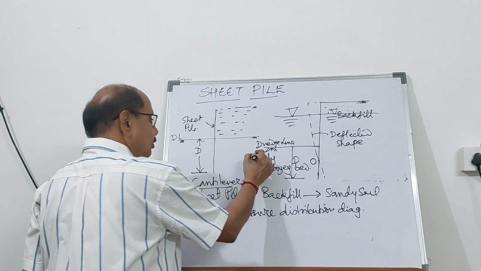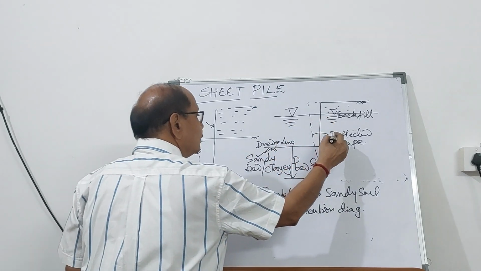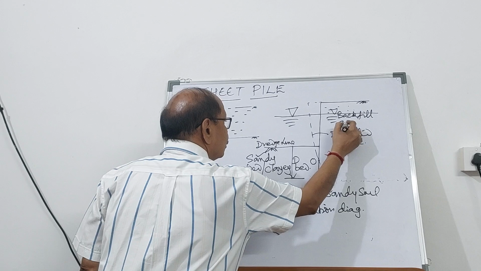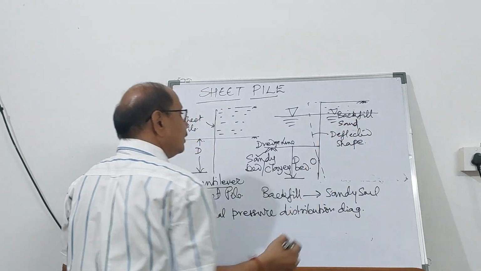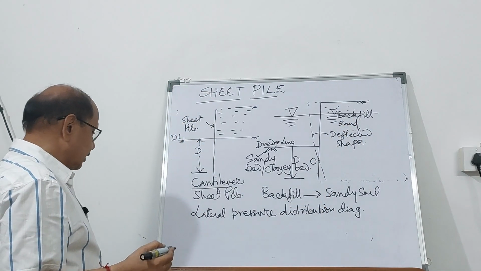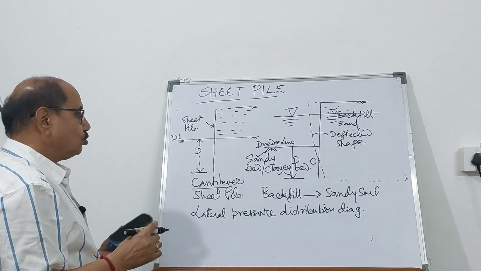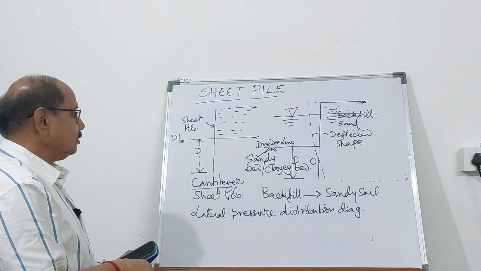Let's say it is going to be a sandy bed and the backfill is also going to be granular material, that is sand. Then how to draw the pressure distribution diagram?